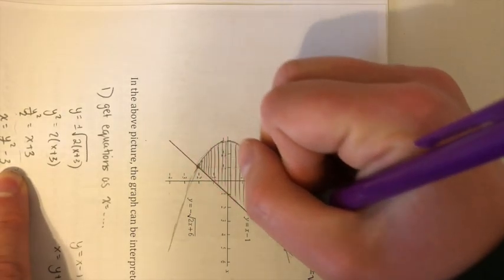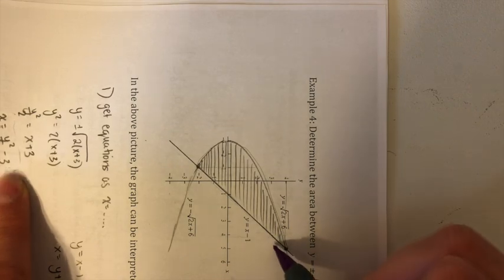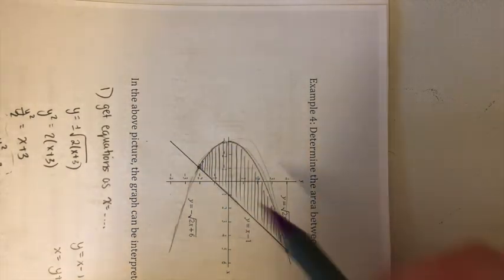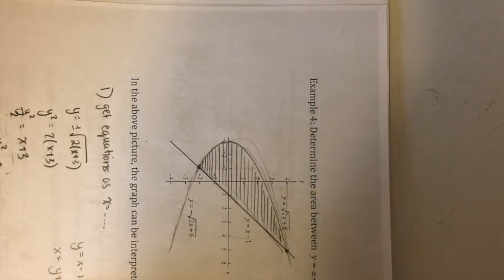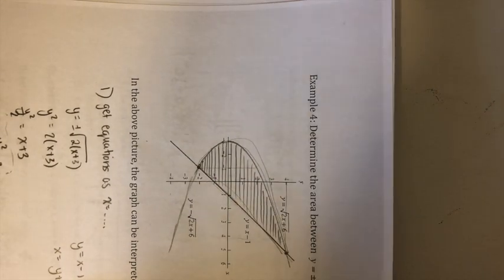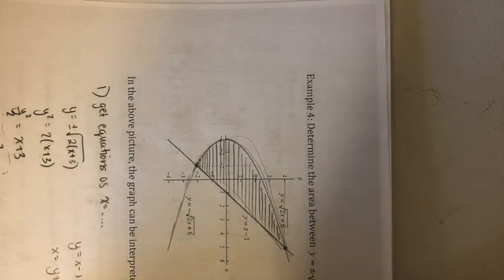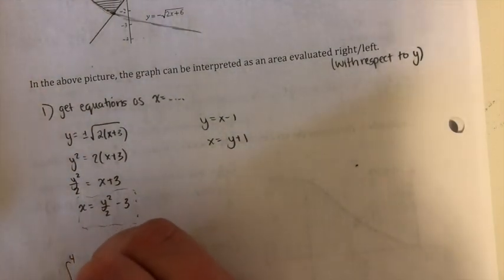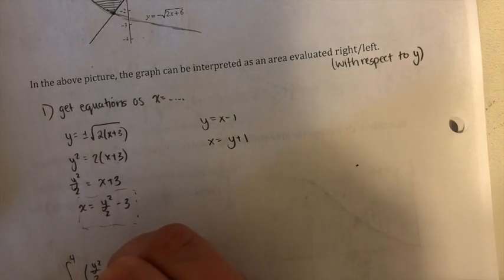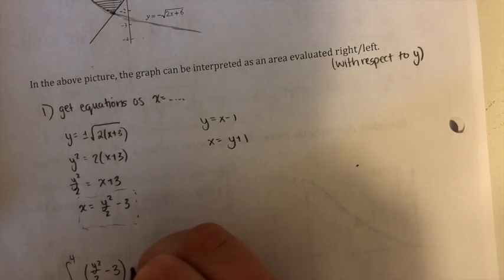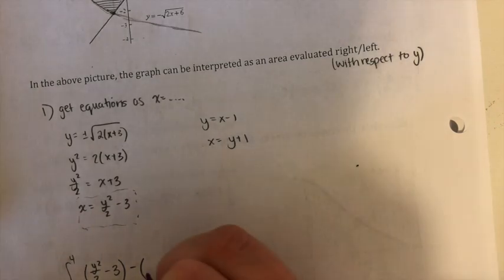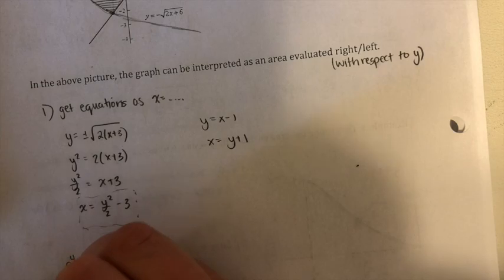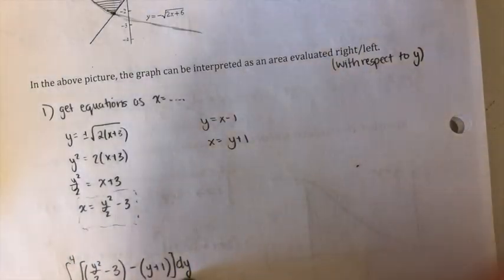And then the bottom is our x equals y plus 1. Okay, so we're still doing top minus bottom. We just have to rotate everything 90 degrees to do that first and get everything in terms of y. So we're still doing top, so in this case y squared divided by 2 minus 3 minus bottom y plus 1, and we're integrating with respect to y.